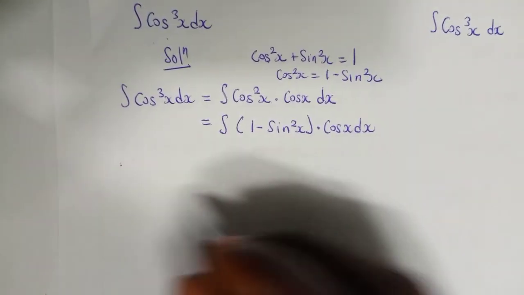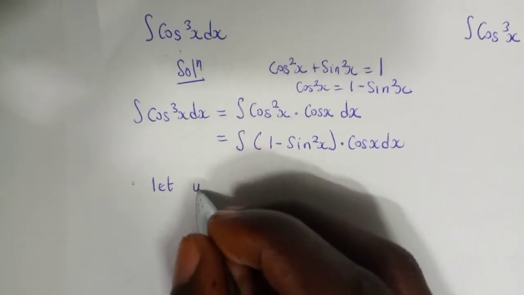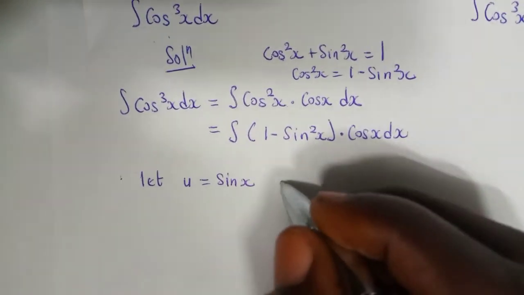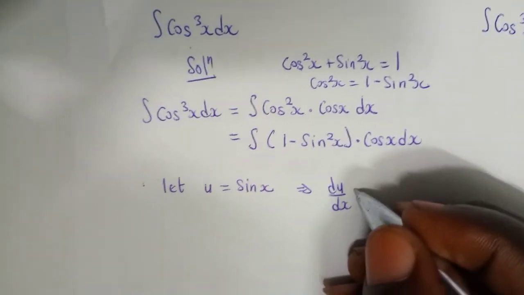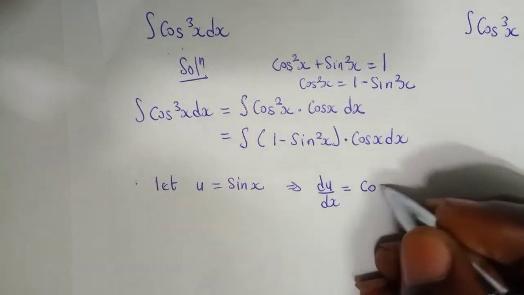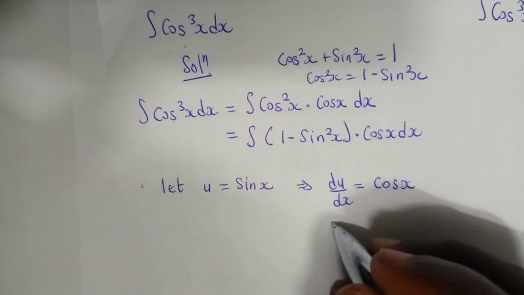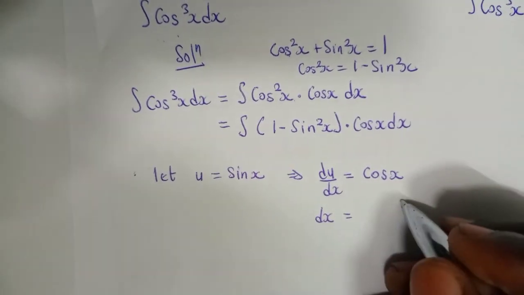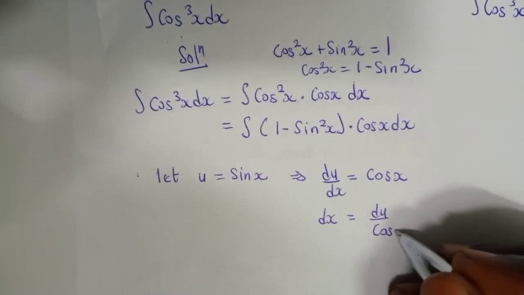So here, let u be sine x. So this implies du over dx equals cos x. Making dx the subject, dx will be equal to du over cos x.